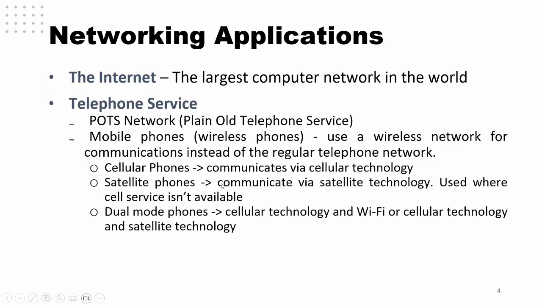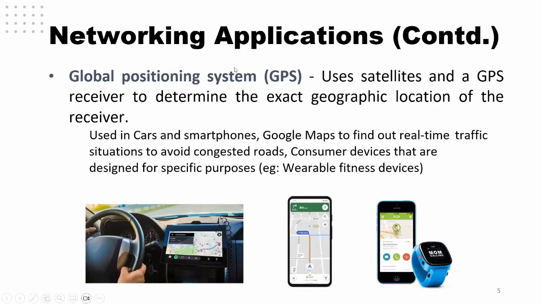You could have cellular phones that communicate using cellular technology, satellite phones that communicate using satellite technology, and dual mode phones, which have a combination of all these technologies. We will be discussing these technologies in the coming sections. Then the global positioning system, GPS.